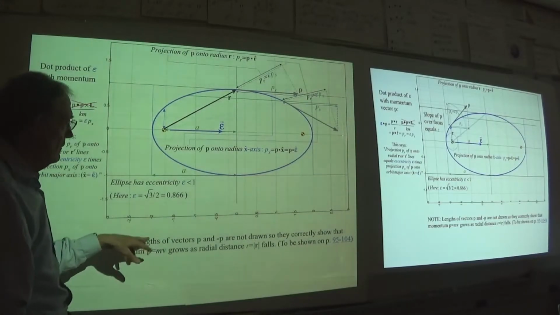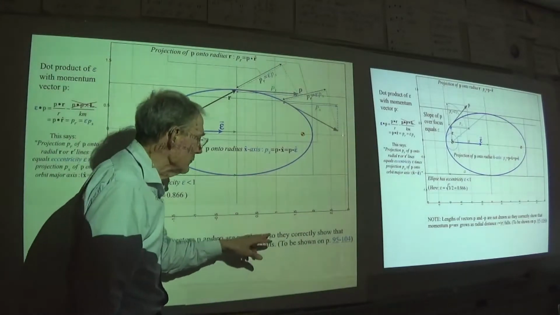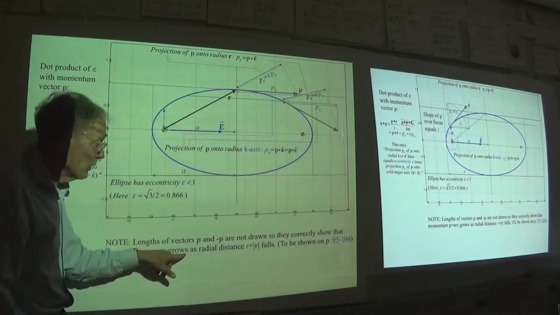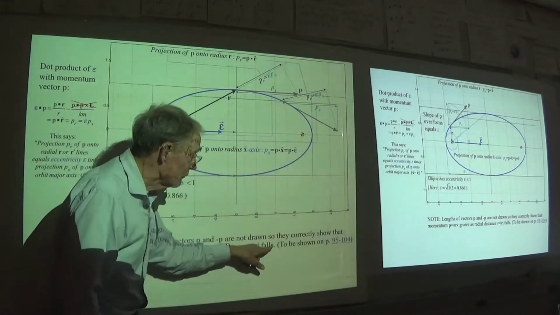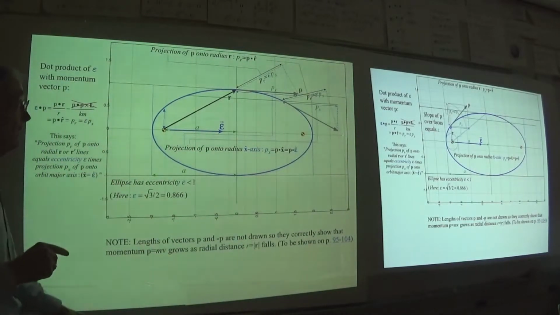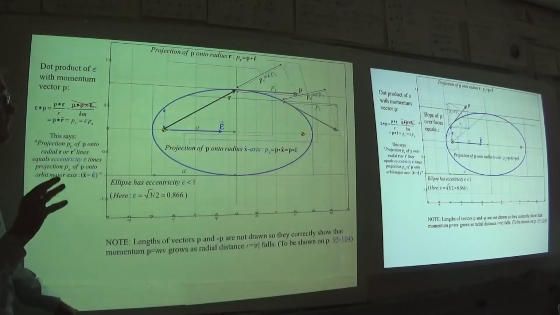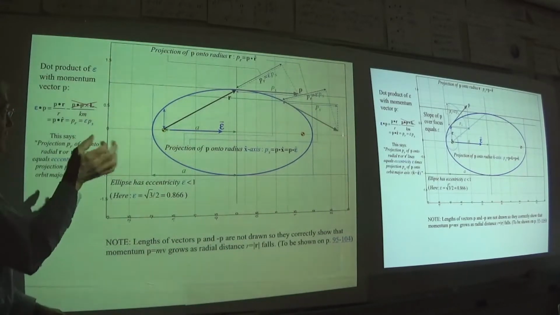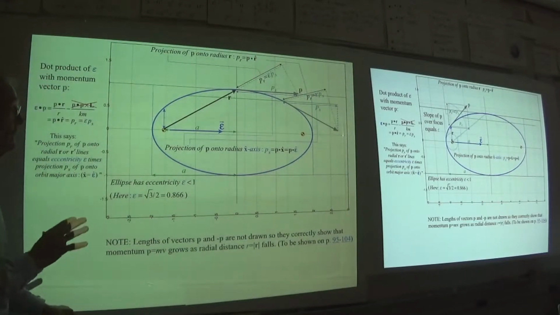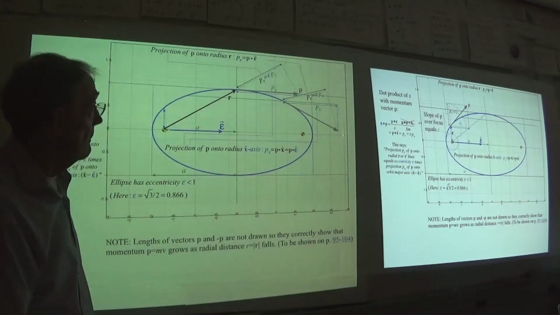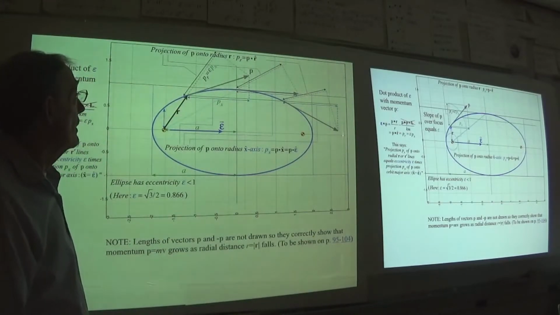These vectors P and minus P are not drawn so they correctly show that momentum grows as the radial distance falls. And boy, does it grow. And we've got to see that. That's really a magnificent effect. Many of these things are much more spectacular for the Coulomb than they are for the harmonic oscillator. But we pay for it in complexity.